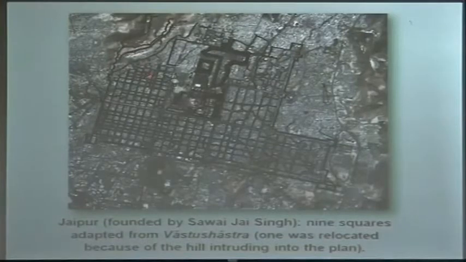The hill was obstructing, so this square was actually transferred here, which is not rigorously according to the text, but never mind. This is a city which is planned according to Vastu. And so it shows you that these principles actually were running across so-called sacred or religious architecture and so-called secular architecture. As always, the border lines were very hazy.